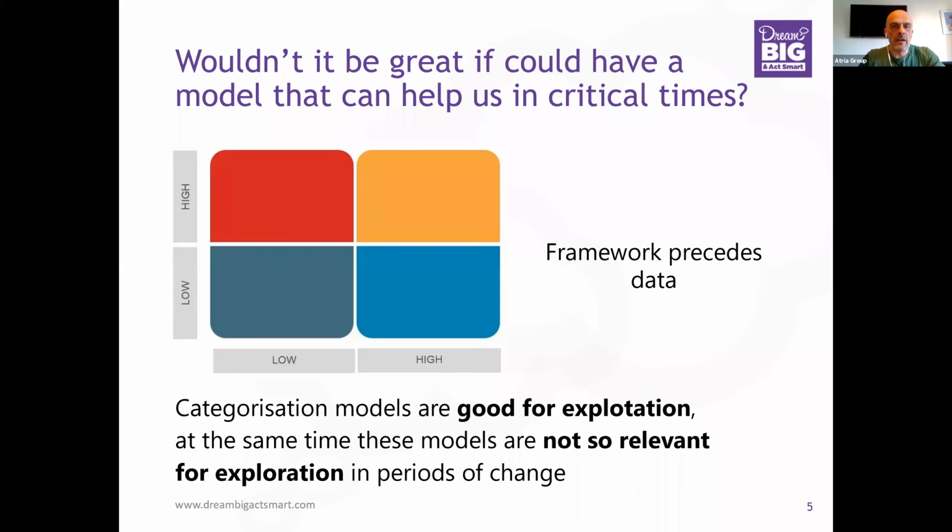Or I'm talking to a person, I observe how the person behaves, and then I use, I don't know, this test or social styles or any kind of model that I know, and I map what I observe in a model that I already have. So this is a categorization model, and these types of models are very good for exploitation, for implementation, when I work with them on a daily basis.